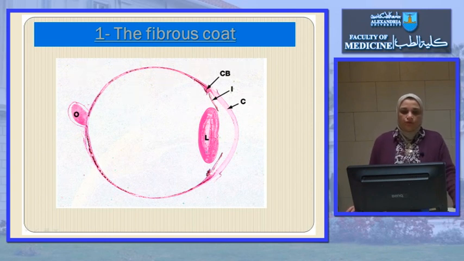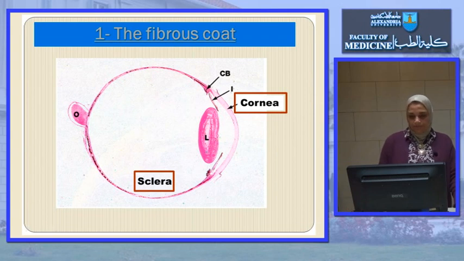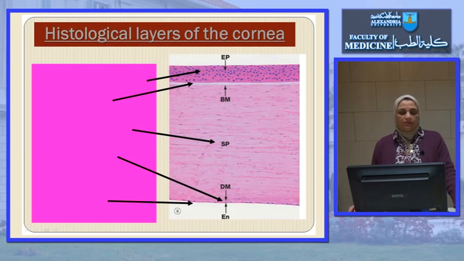Let's start with the first coat, the outer coat, which is called the fibrous coat. As I said, it's formed from the cornea anteriorly. This is the most outer part. Here, the cornea constitutes 1/6 of the outer coat, while the rest, 5/6, is the sclera.